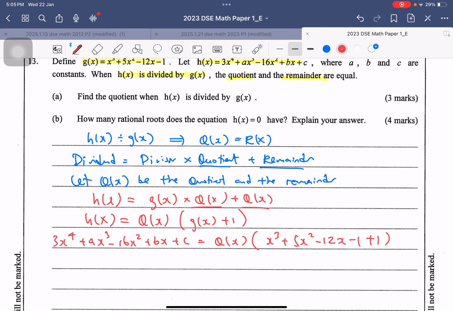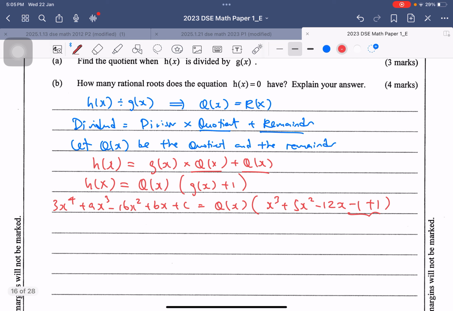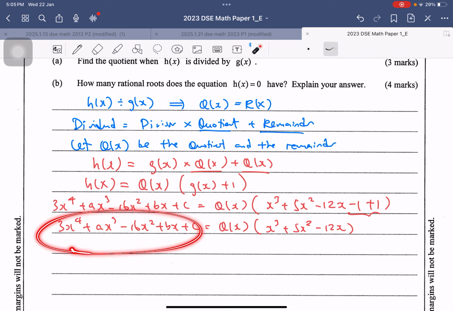The negative 1 plus 1 gives you 0. So we have 3x to the power 4 plus ax cubed minus 16x squared plus bx plus c, just copied down, equal to q(x) times (x cubed plus 5x squared minus 12x). So now the dividend is equal to the quotient times another factor. There is no more remainder here.